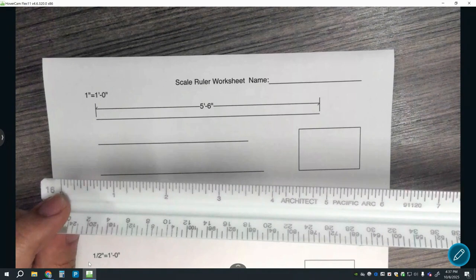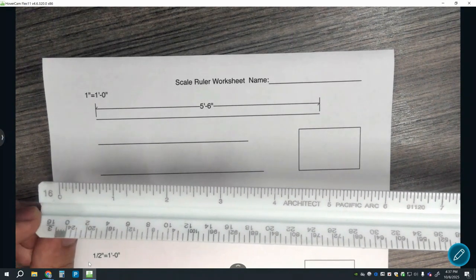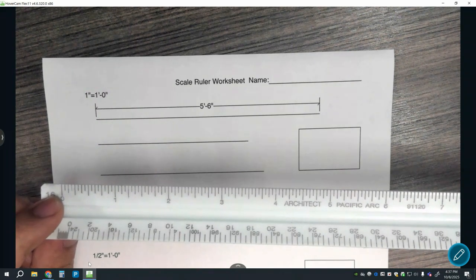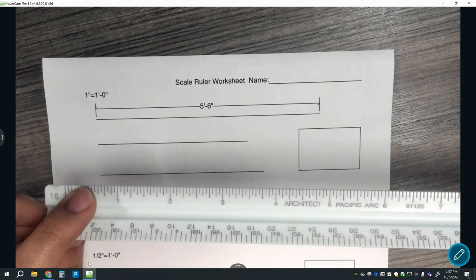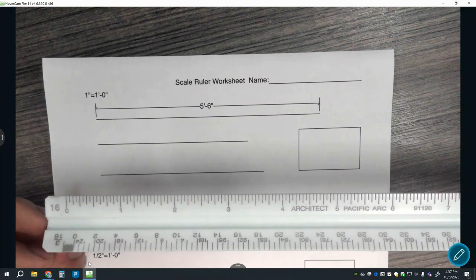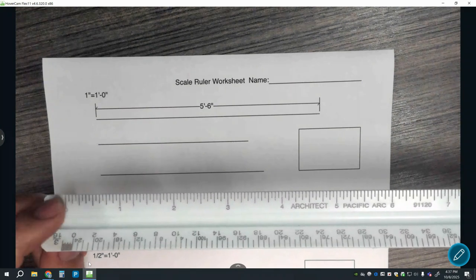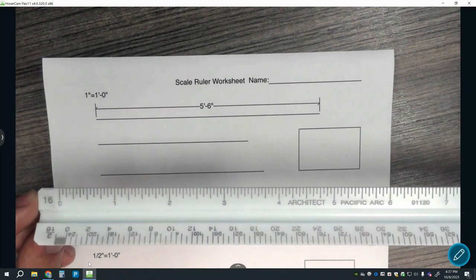Well, if you count every single dash in between the 0 and the 1, you notice it takes 16 steps to get to the 1. So there's 1, 2, 3, 4, 5, 6, 7, 8, 9, 10, 11, 12, 13, 14, 15, and then 16 is the 1 inch mark. So each dash is 1/16. That's what this number here represents.